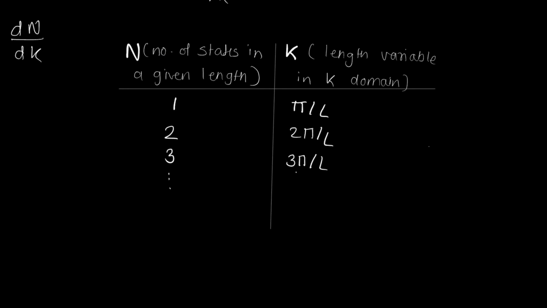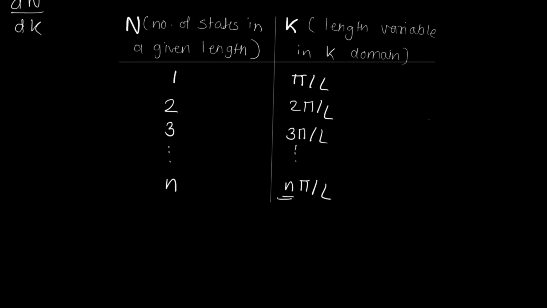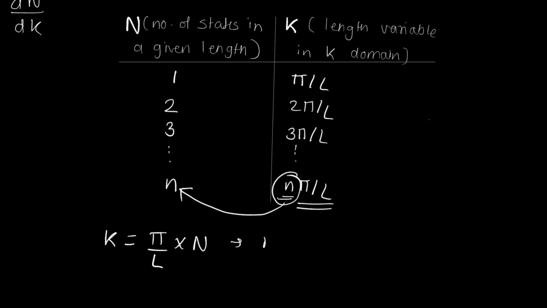Now you see there is a relation forming between this n and k. If the value of k is some n into pi by L, then our capital N becomes this n. So we can write an equation between n and k. k is equal to pi by L into n, or n is equal to L by pi into k, which means that dn by dk will become L by pi.